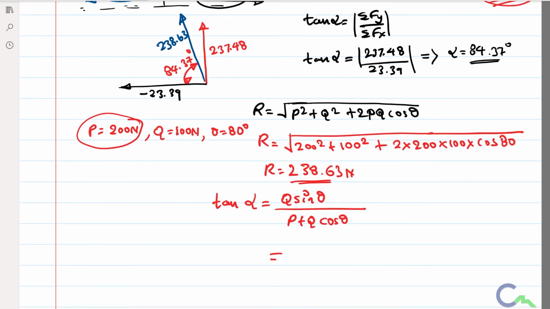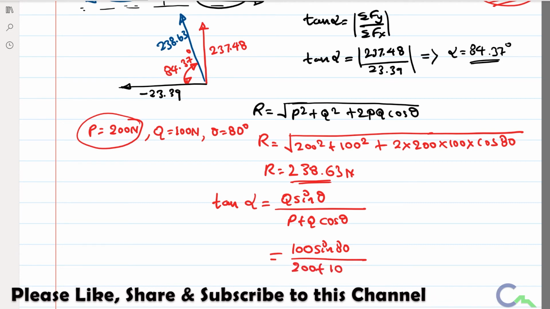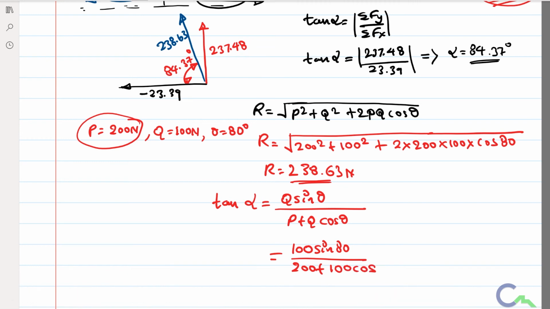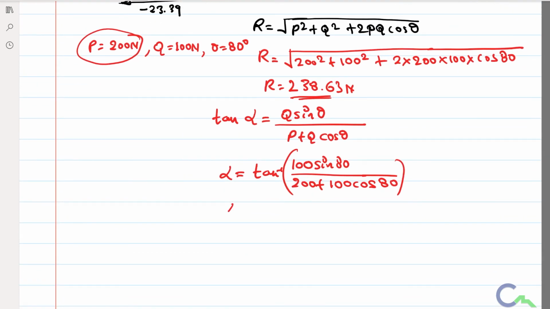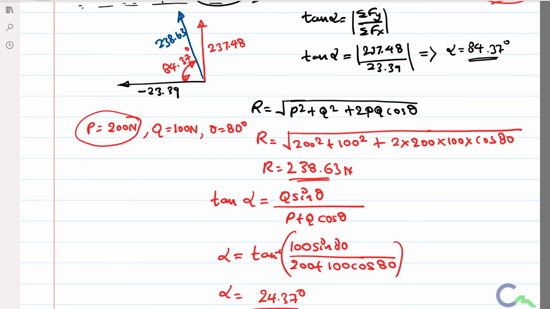Therefore, where Q is 100 sin 80 divided by P is 200 plus 100 cos 80. So tan inverse of this answer, we will get alpha equal to 24.37 degrees. That is with respect to P.